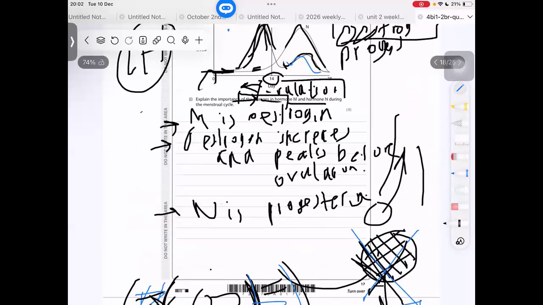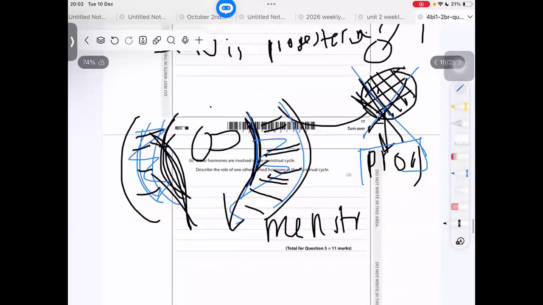So the importance of progesterone is it maintains the uterine lining, or repairs it. After menstruation, every month you have to build a new lining again.